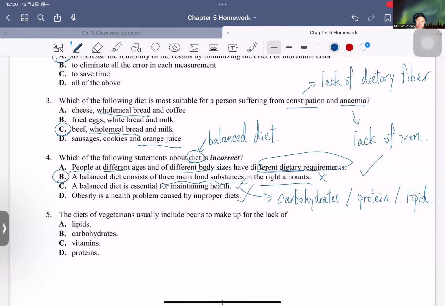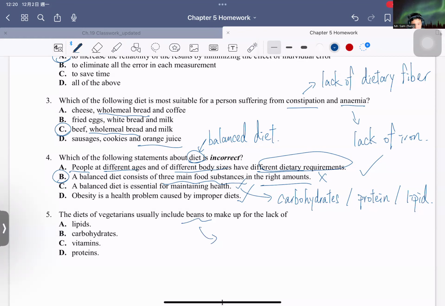Obesity is a health problem that's caused by an improper diet. Maybe we eat too many fats or lipids, then this may cause obesity. Next, the diets for vegetarians usually include beans to make up for their protein. This is because beans contain a lot of proteins.